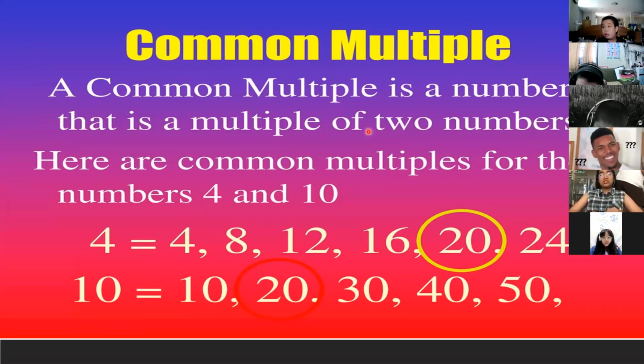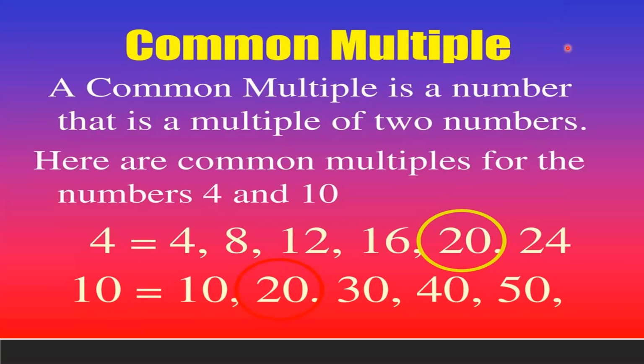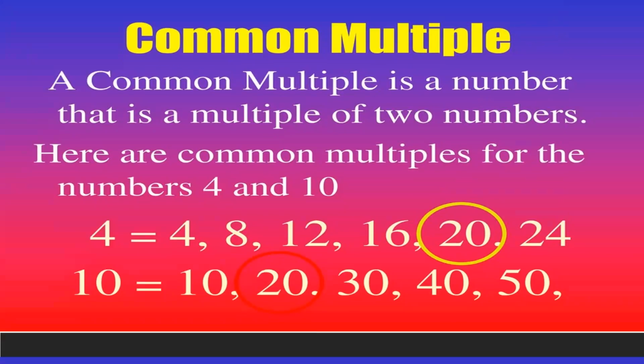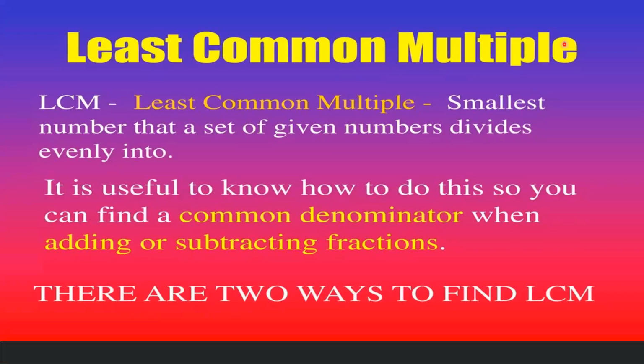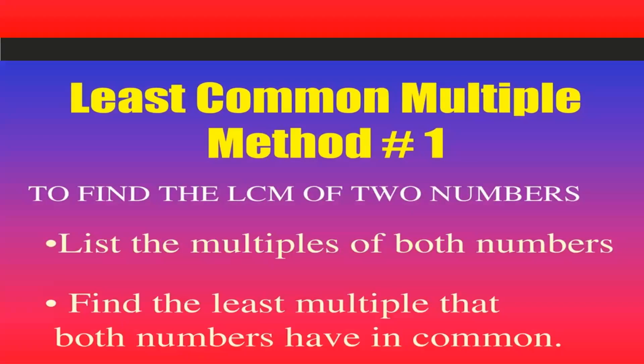You see the encircled number 20. That is the least common multiple. Least common multiple is the smallest number that a given number divides evenly into. It is useful to know how to do this so you can find a common denominator when adding or subtracting fractions. There are 2 ways to find LCM.